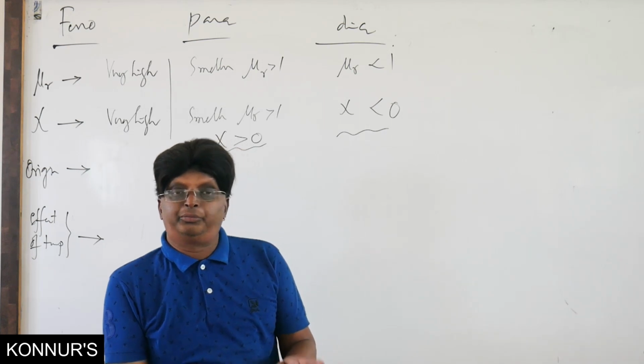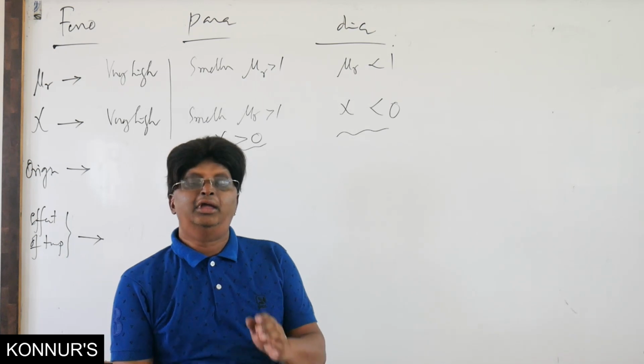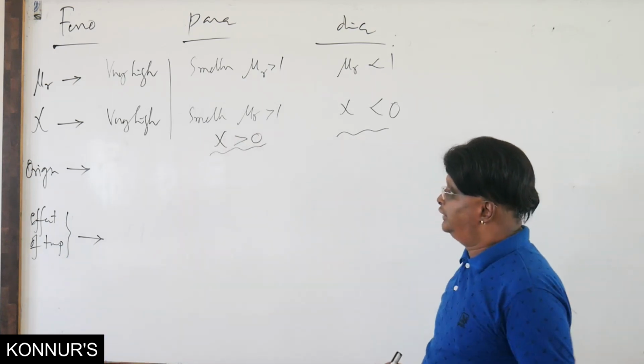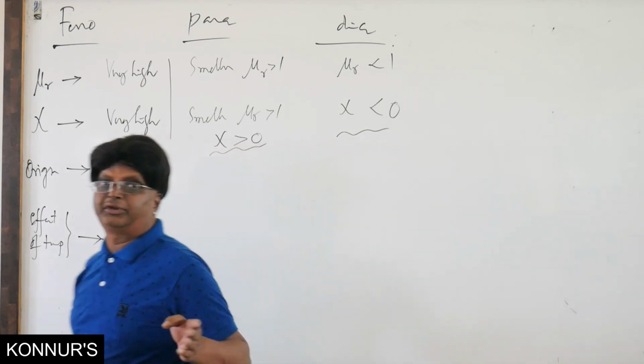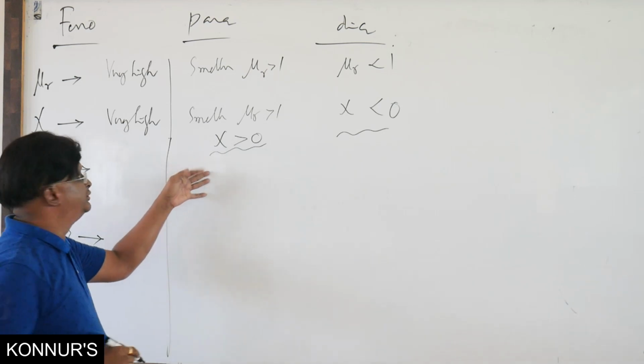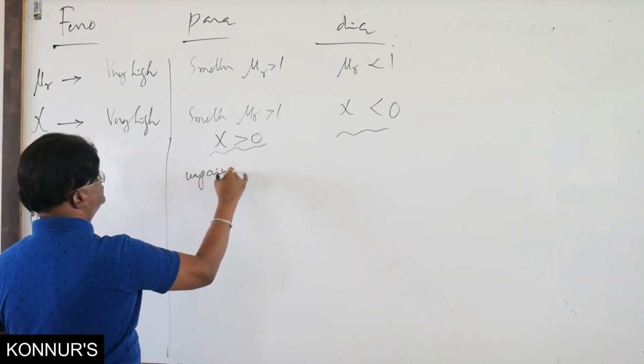It is positive for both para and ferro. In fact, paramagnetism is a universal phenomenon which you have learned in some detail in your chemistry subject as well. Now, what is the origin of ferromagnetism or paramagnetism? We said that this is a universal phenomenon and it is the existence of unpaired electrons in an atom.